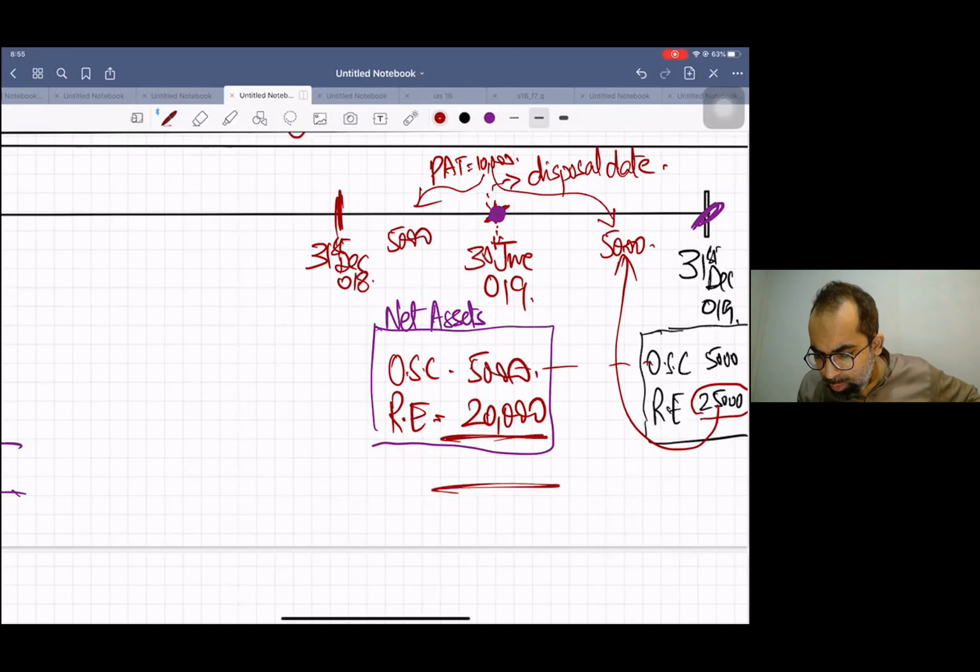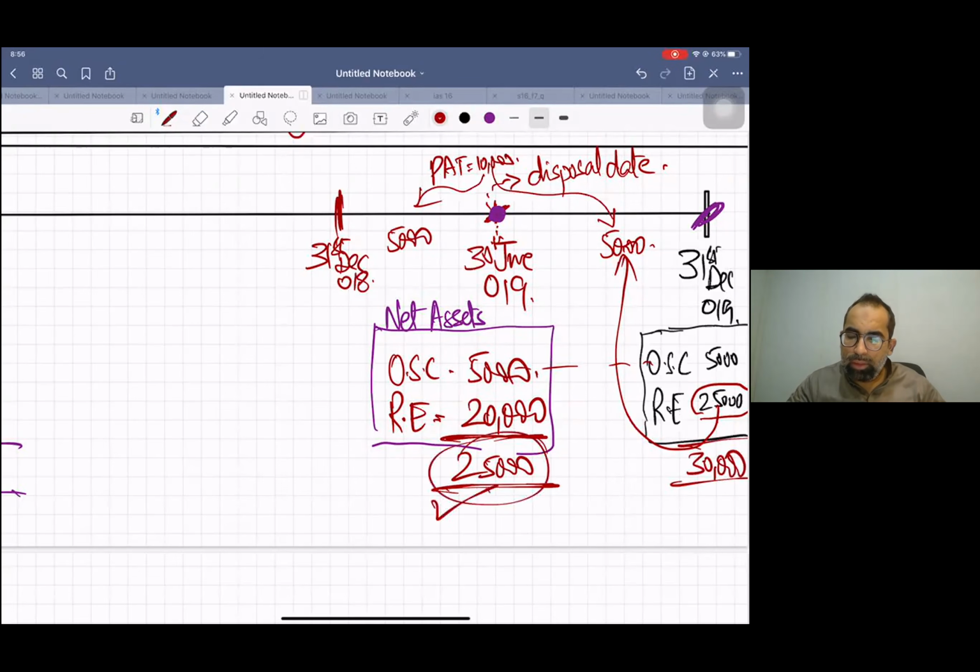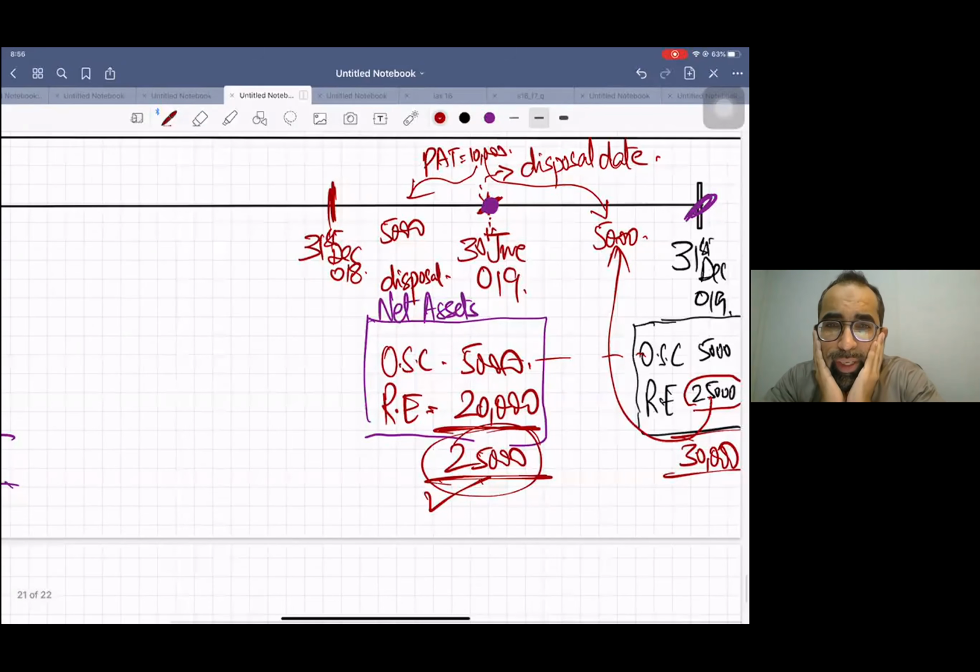So your disposal date net assets is 25,000. I know this is 30, but this is 25. So this number is very relevant for you. Your disposal date net assets is 25,000.